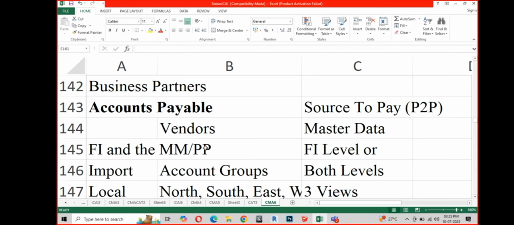So the maintenance of the individual master records is dual responsibility. One obviously is your finance. The other one is your material management module.